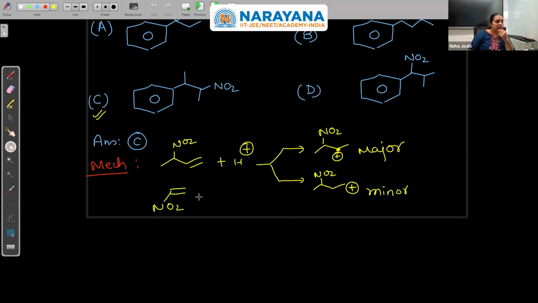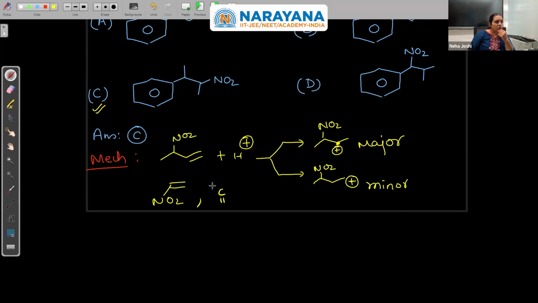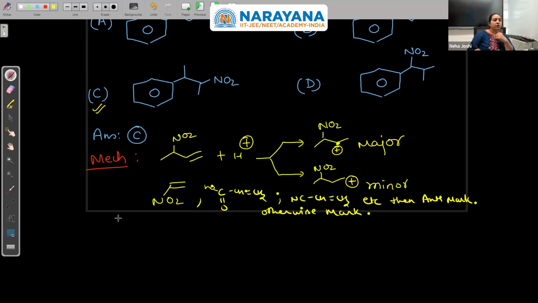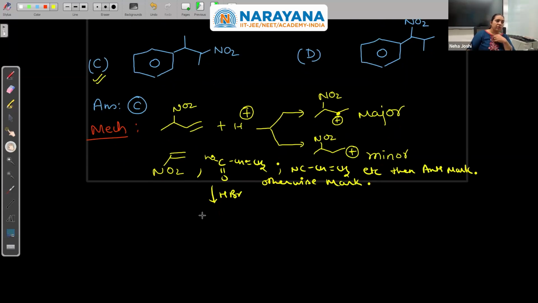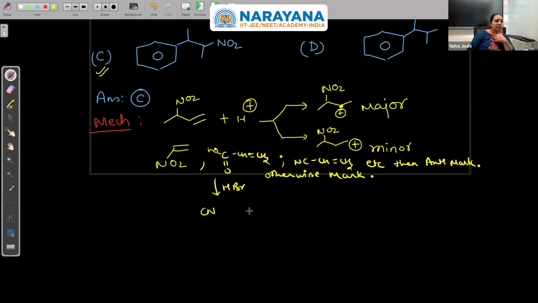So what I'm saying is, if you have COOH, CH=CH2, CN, CH=CH2, directly attached to the double bond, then anti-Markovnikov. Otherwise, Markovnikov. For example, even for these, if we are asked to add HBr, then you have anti-Markovnikov: CN, CH2, CH2Br.